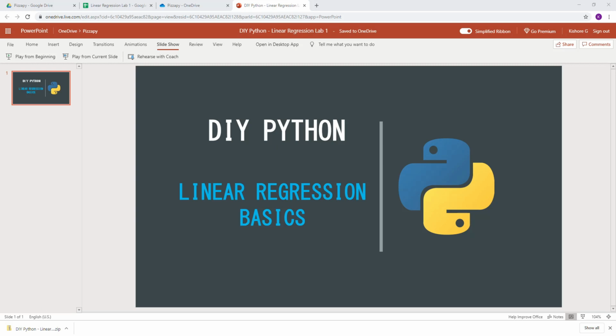So again, this topic is called Linear Regression Basics, and whenever we hear data science, we always hear creating models and also coming up with prediction equations. So in that context, I thought I'll put a small video for you to understand the basics and how this linear regression works and how we are going to use that in our data science experiments.